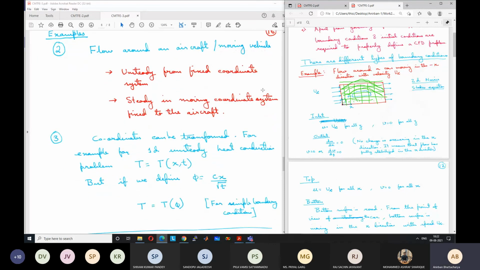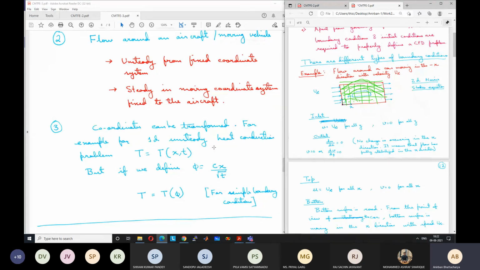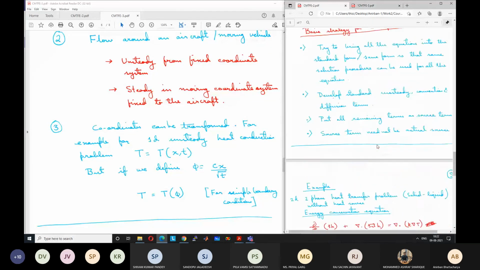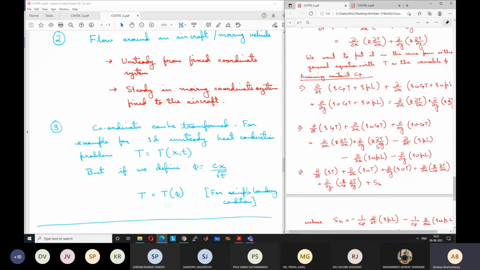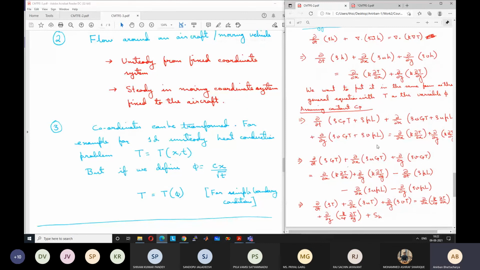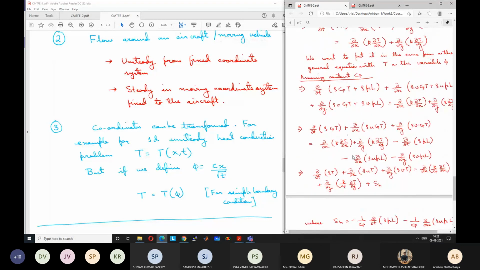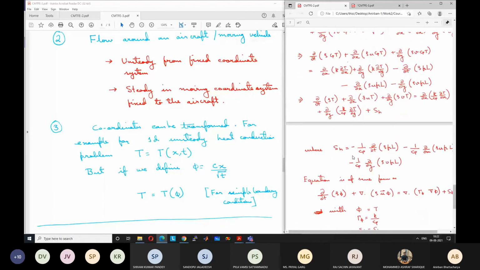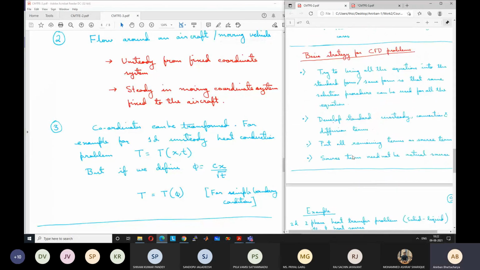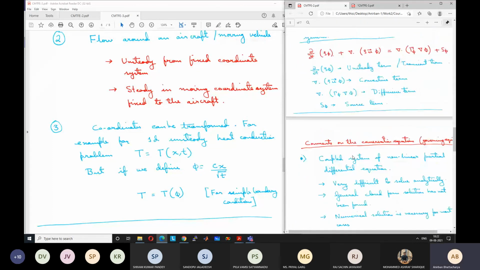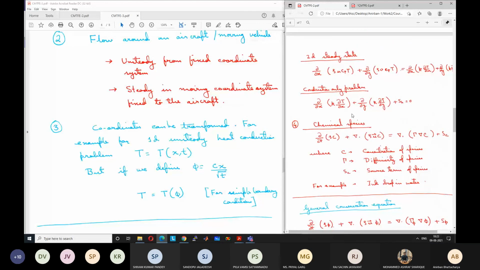For example, the unsteady heat conduction equation. Okay, what is the heat conduction equation? In terms of enthalpy it is given so, but in terms of temperature, like this. Okay, this is 3D.